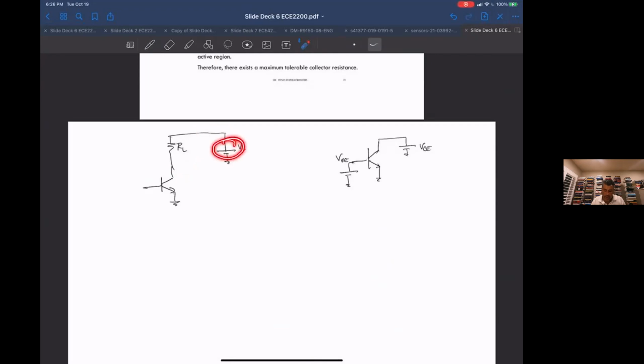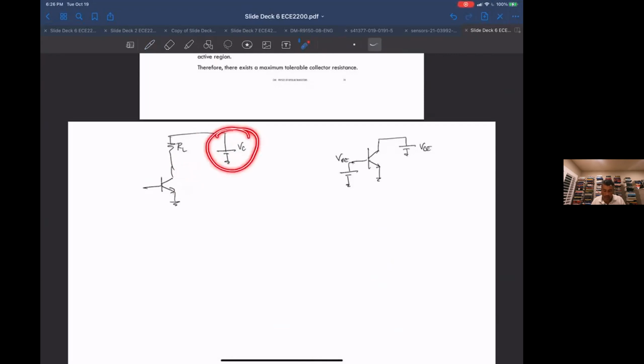So this voltage is no longer VCE. If you use this voltage to figure out whether you're in forward active mode or not, it's not going to work. This is the voltage at the collector, and this is the voltage at the emitter. So the difference between these two voltages is VCE, not this voltage.